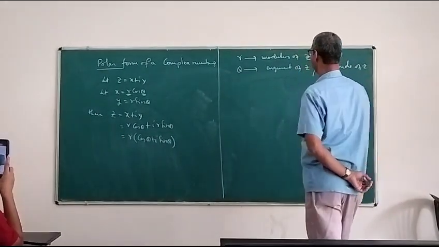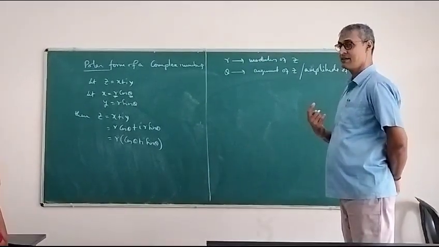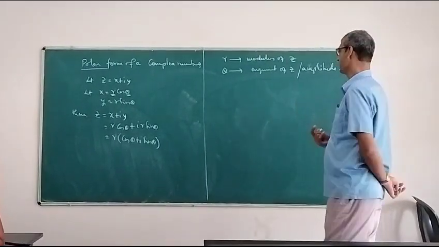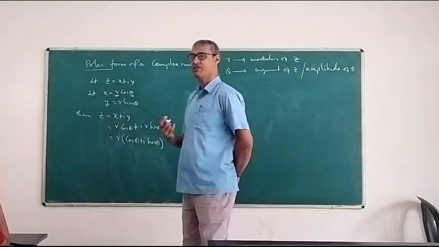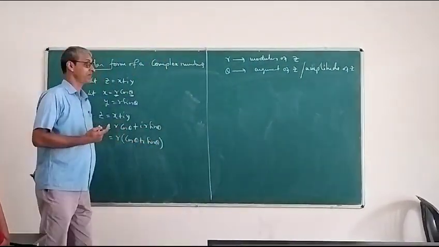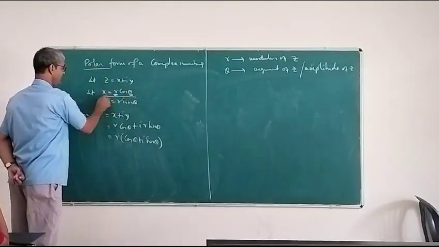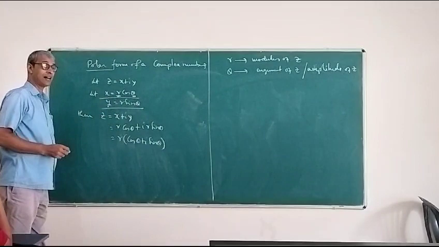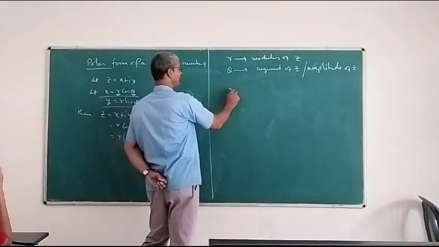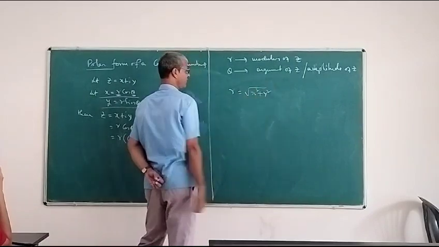Now, given a complex number, you will get only one value of r, which may be 0 or positive, because relation between x and y and r is r equal to root over x square plus y square.